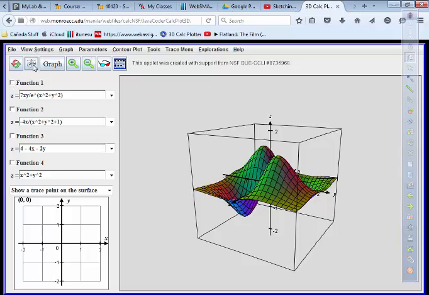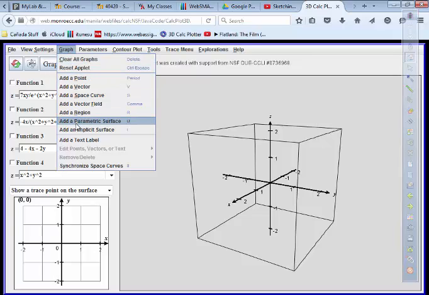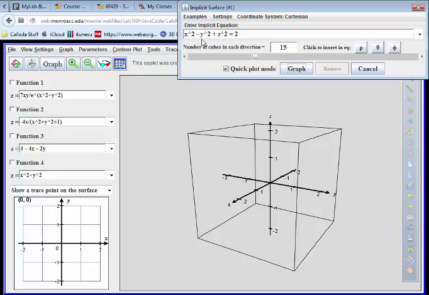But that's not what we're studying right now. That's going to be in Chapter 14, so we'll take a look at these types of functions later. But the kind of graph we're looking at are from the quadratic surfaces, and so for that you need to hit graph, add an implicit surface, and this will open up a place for you to type in an implicit surface.